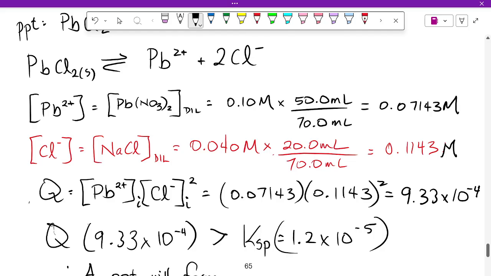Oh my God, what is wrong with me? Okay, hang on. 0.07143. Is it in there in the Q?